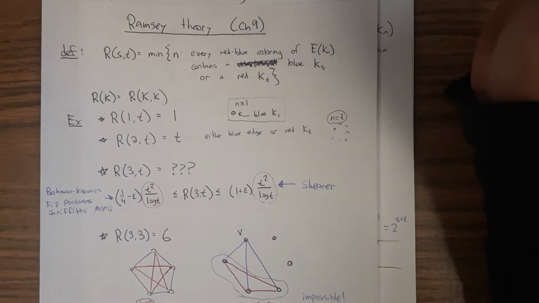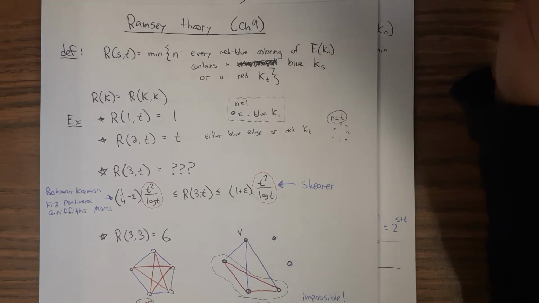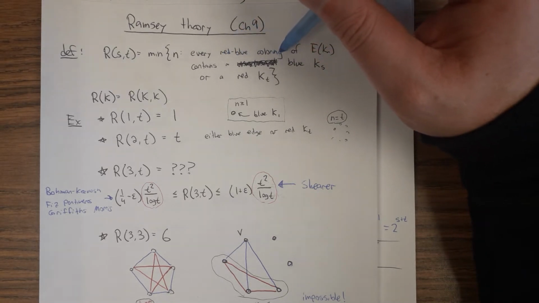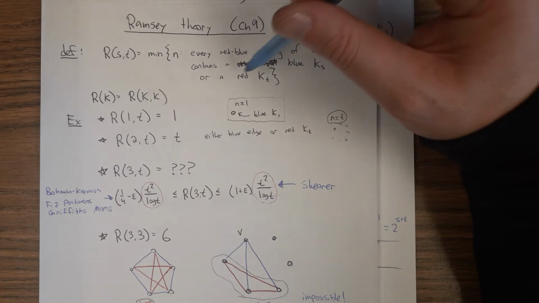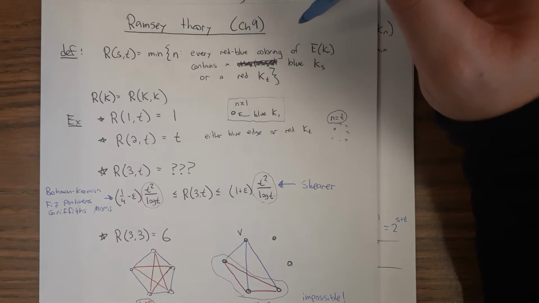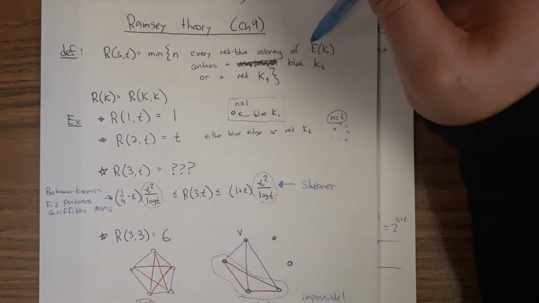And then, in some sense, we're going to show, okay, I'm lying a little bit when I say this, that there's a decent probability that when you do that, you don't have any blue Ks or a red Kt. And that demonstrates the existence of such a coloring.